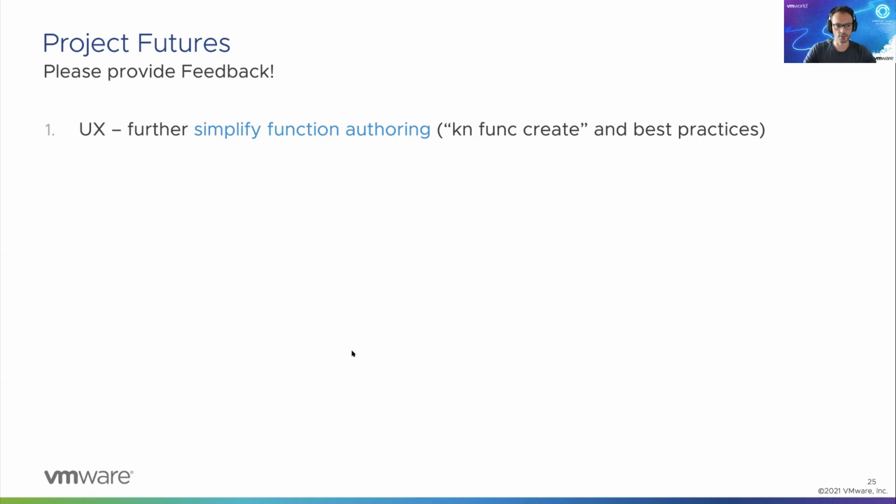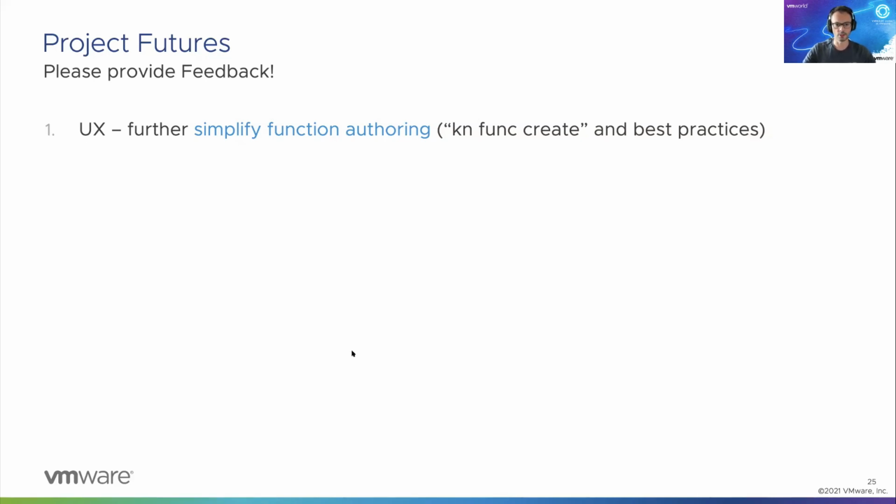So first of all, we are thinking to further simplify the way that you interface with VEBA. And when it comes to writing a function, even though we have addressed a lot of the concerns in the past with the vSphere UI plugin, and also with the PowerShell work that we've been doing to simplify the way to write PowerShell-based functions or PowerCLI-based functions, there's still a little bit of room for improvement here.